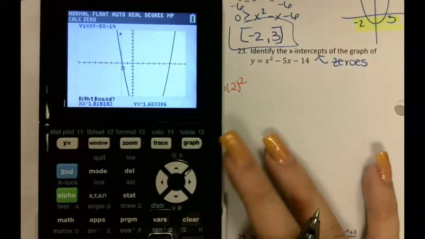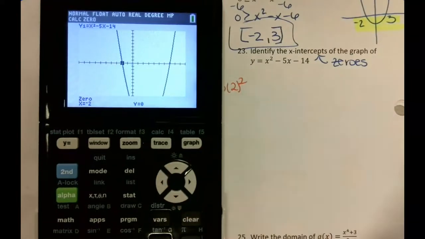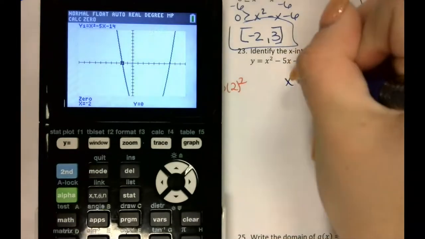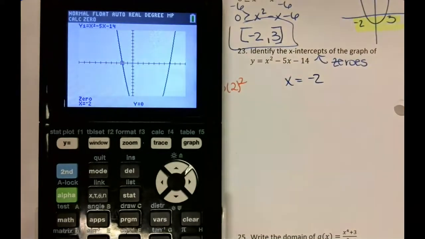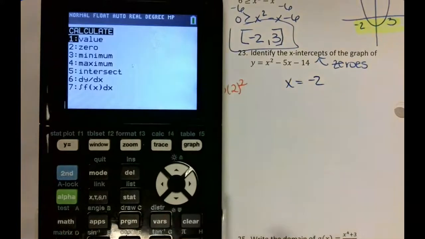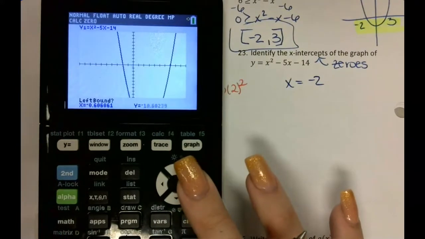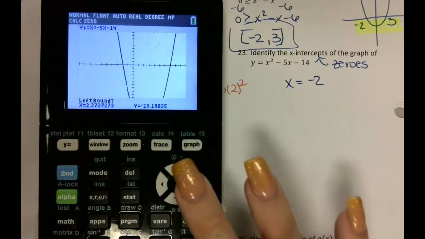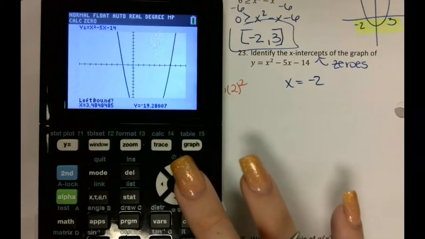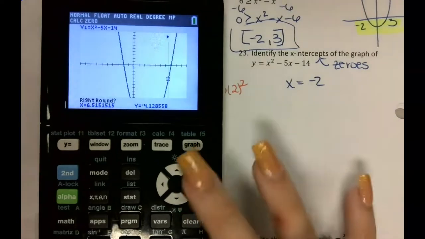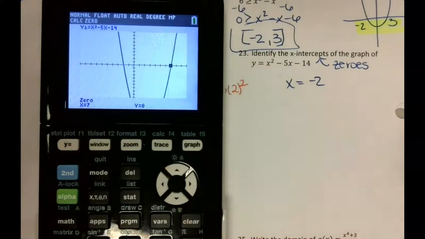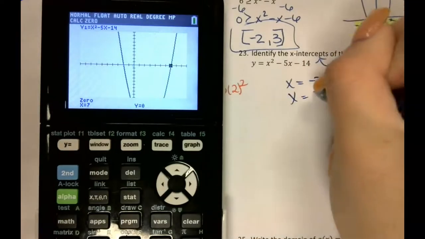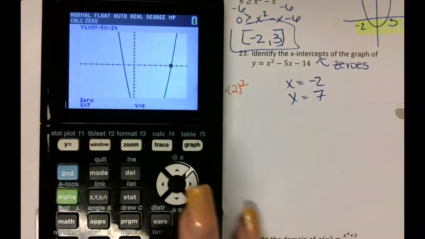I'm going to choose a point on the left side, cross the x-axis, choose a point on the right side. My first one is -2. Then I'm going to do the same thing over on the other side of the graph. I press enter, arrow more to the right, press enter again. This one is 7. So those two numbers are my answer here.